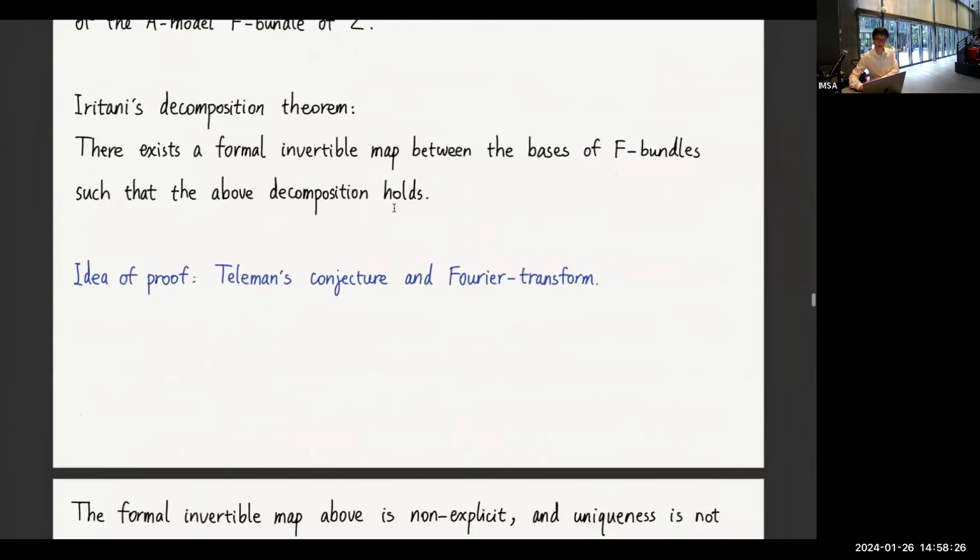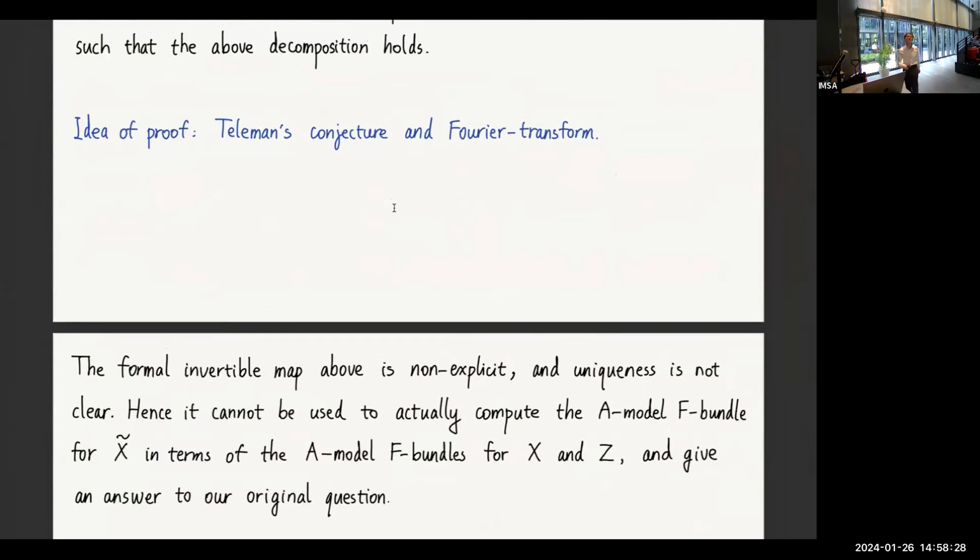So since this map is not explicit and also uniqueness is not clear, it cannot really be used to compute the A model F bundle for X tilde in terms of A model F bundles for X and Z, and give an answer to our original question.